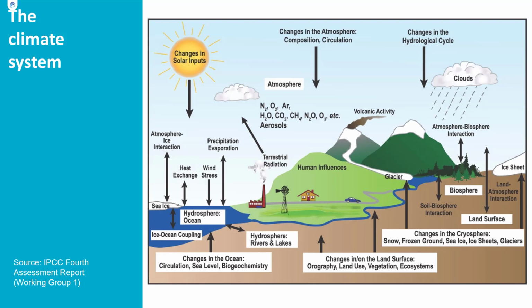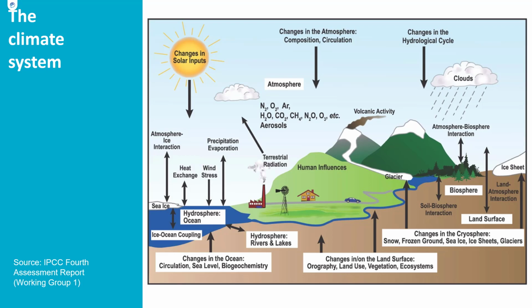Now we know the climate system is incredibly complex. This is an attempt to capture some of that complexity, and the arrows show you where there are meaningful interactions occurring between different components within the climate system.